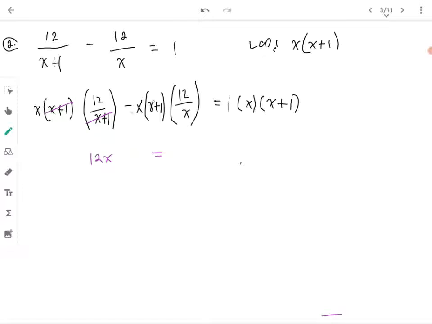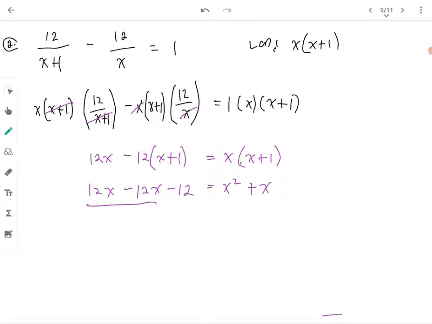Here we are left with minus 12 times x plus 1. Then here we have x times x plus 1, which we can simply distribute. Then this becomes 0, so we are left with negative 12 and x squared plus x.